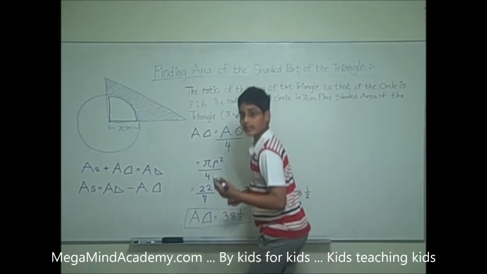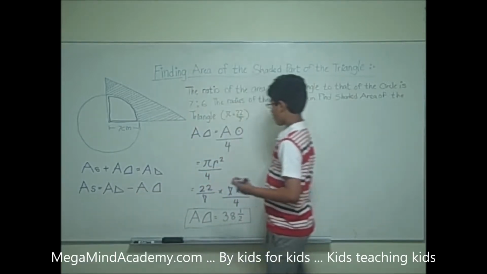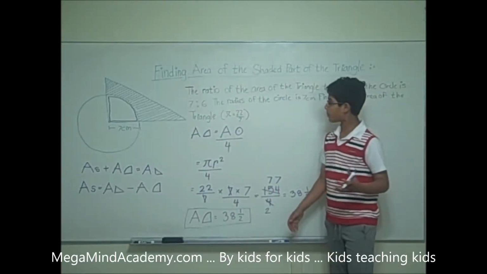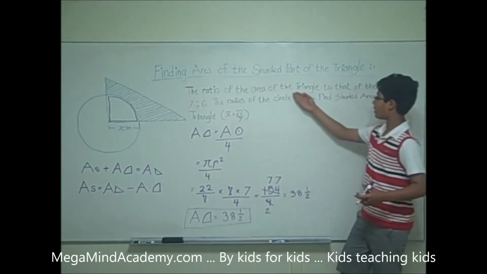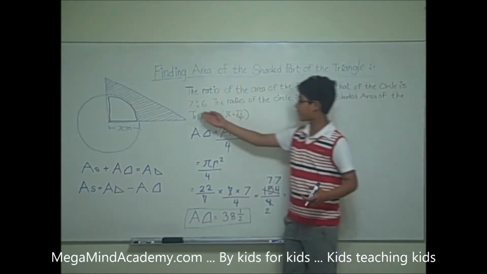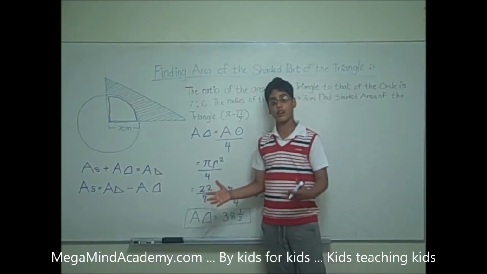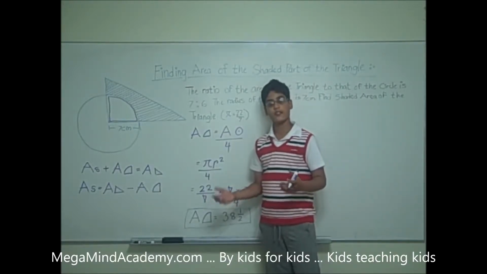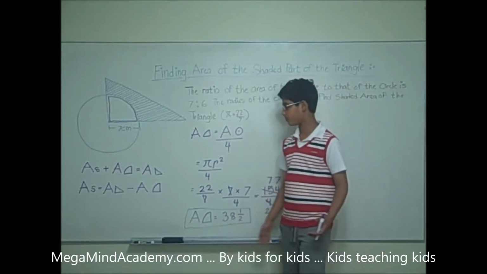Now we need to find the area of the triangle. It says in the problem that the ratio of the area of the triangle to that of the circle is 7 to 6. So, to find the area of the triangle, we need to first find the area of the circle.